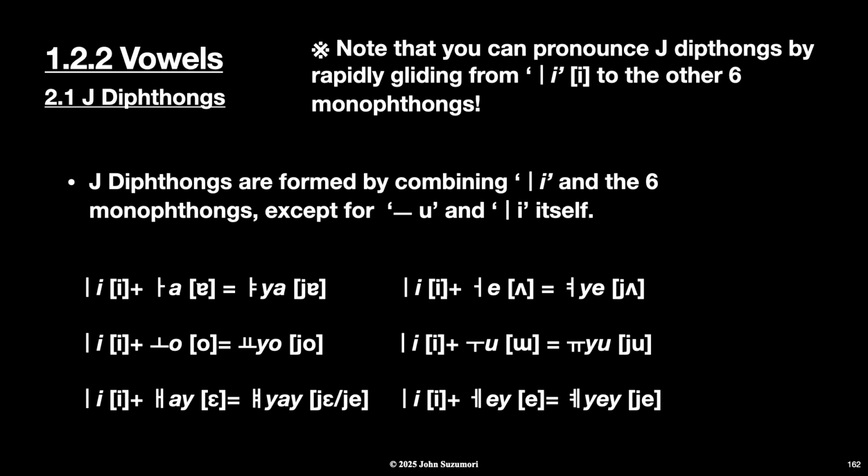If you pronounce the consecutive vowels gradually faster and faster, you'll find that the resulting vowel is their pertinent J-diphthong. Now here's the full list of J-Diphthongs and its English counterpart or approximate.